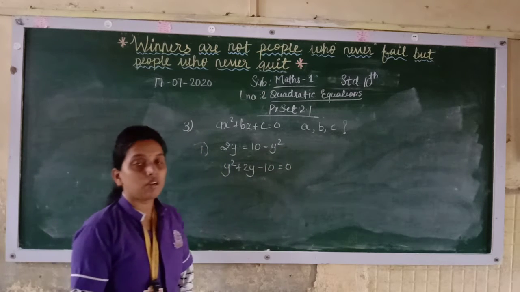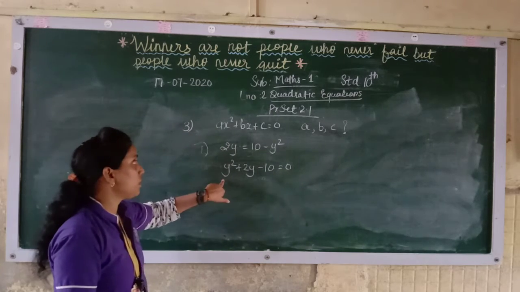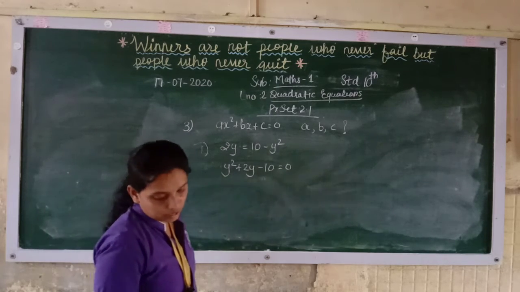Now what will you do? You will compare with the standard form of the equation. And comparing with the standard form, ax square plus bx plus c is equal to 0, you will get the values of a, b and c.